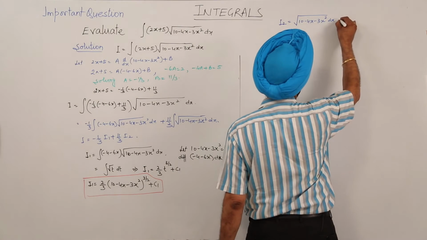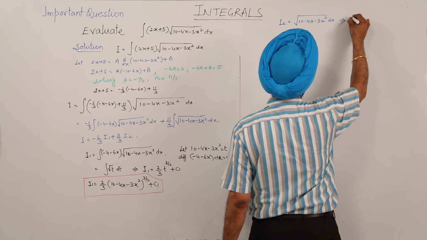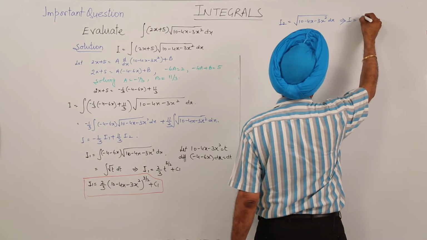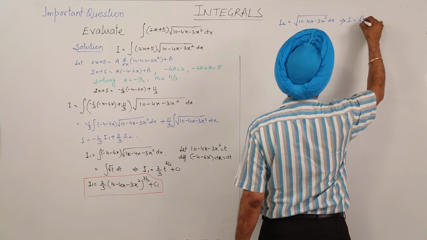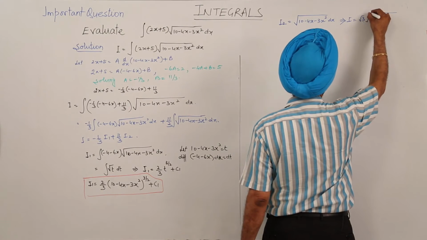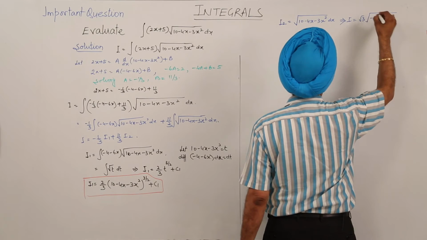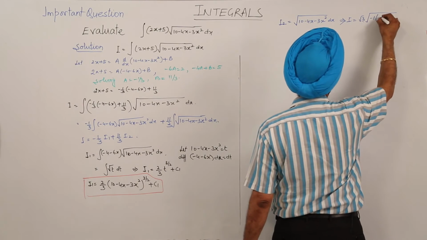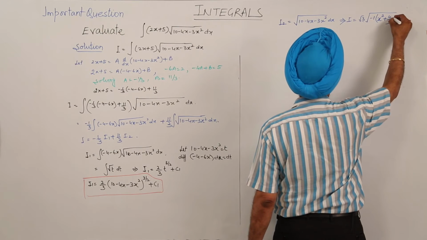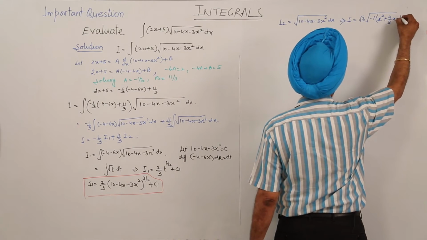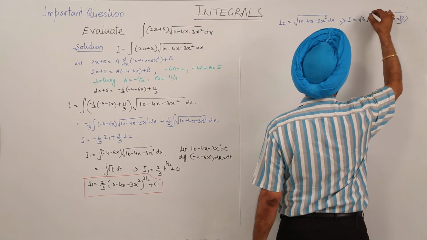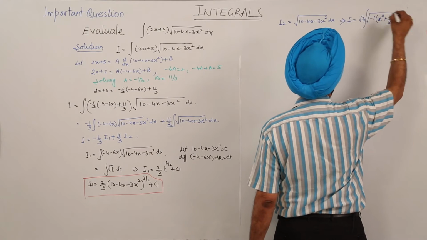Now taking root 3 common, we get the integral of 1 over the square root of -1 times (x² + 4/3 x - 10/3) dx.